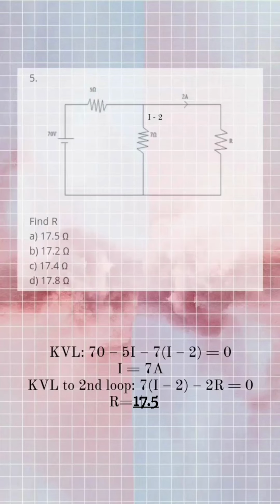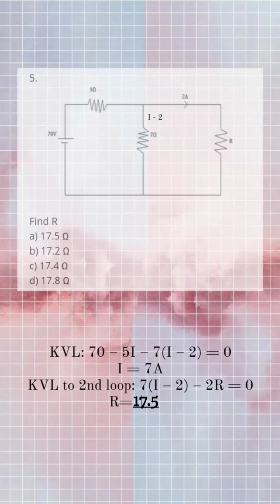And since current entering the node is equal to current exiting the node, we can conclude that I total equals 2 ampere plus the other I exiting. So the other I exiting equals I total minus 2 ampere. And from the KVL equation, we now know that I total equals 7 ampere. Now we have to find R on the second loop.